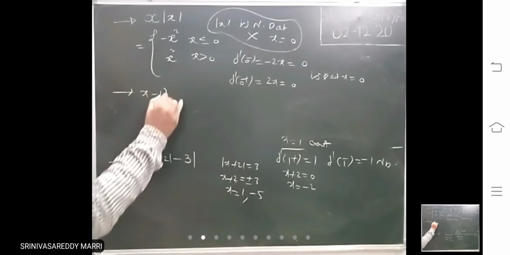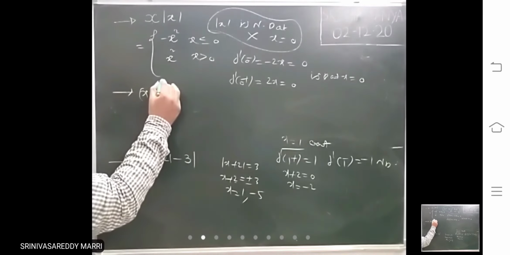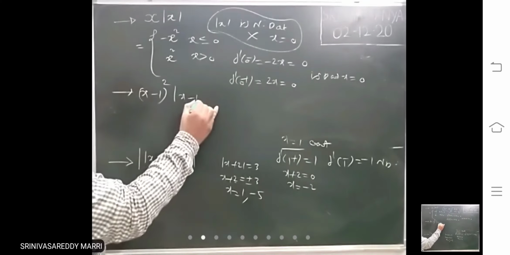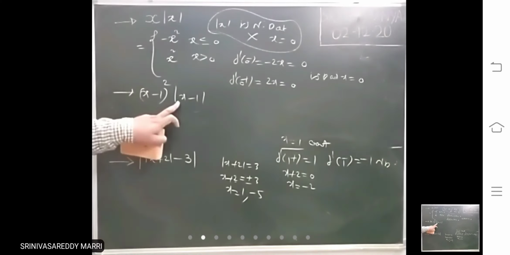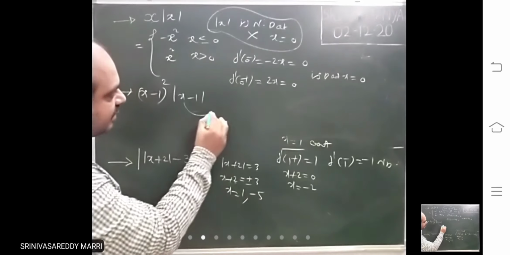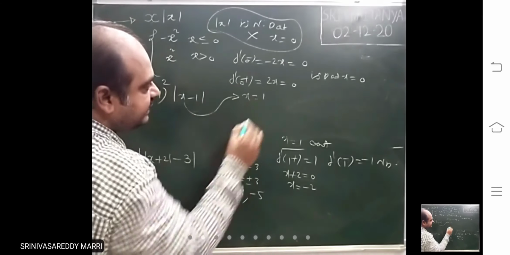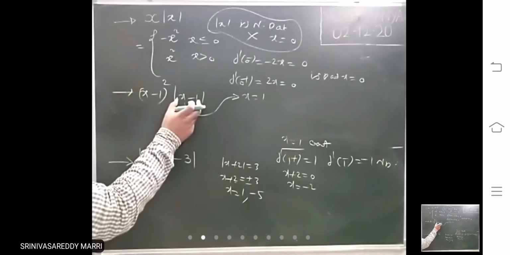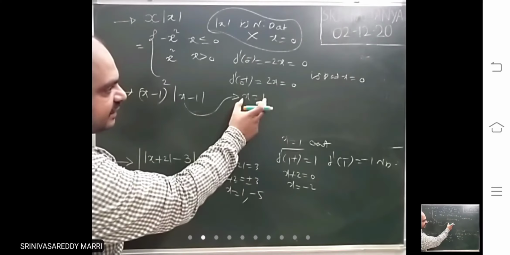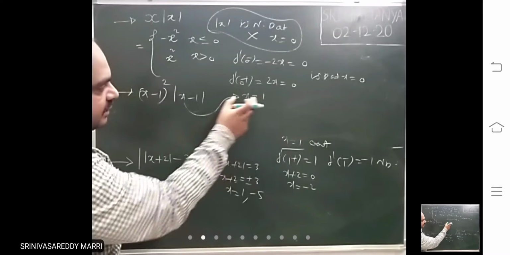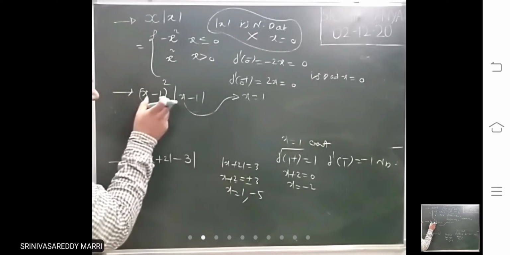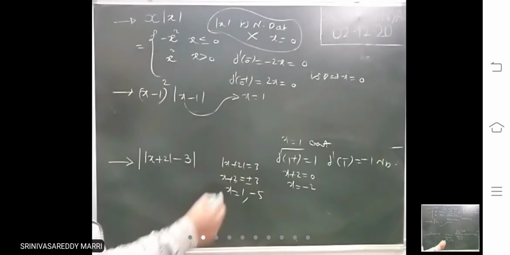Similarly, look at x minus 1 whole square into modulus x minus 1. Actually, this modulus x minus 1 will not be differentiable at x equal to 1. If you equate this to 0, what you will get? X equal to 1. Actually, this is not differentiable. But if you multiply with this, what happens?